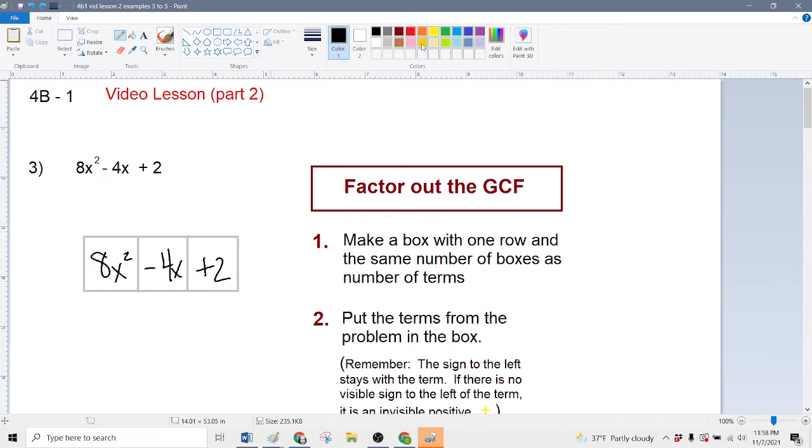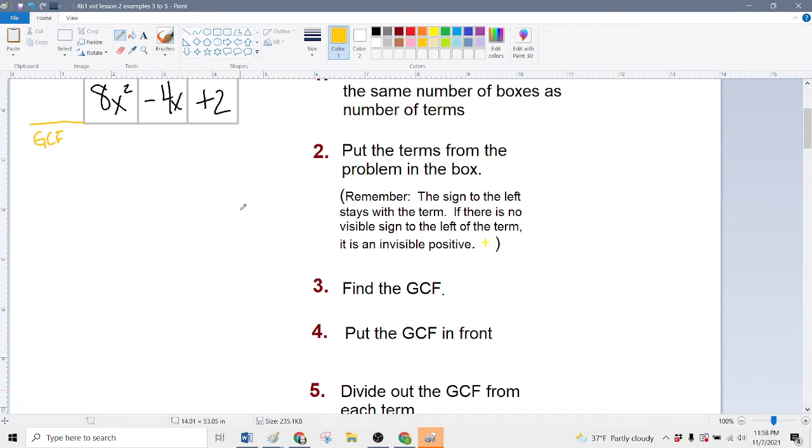Out in front of that box, we know we're going to put the GCF there, okay? So we've made the box and we've put the terms from our expression inside the box. Now we need to find the GCF. And when we're talking about finding the GCF, we're talking about finding the GCF for each term.